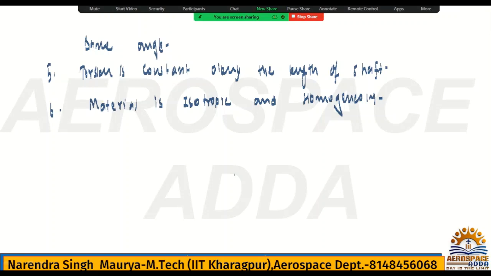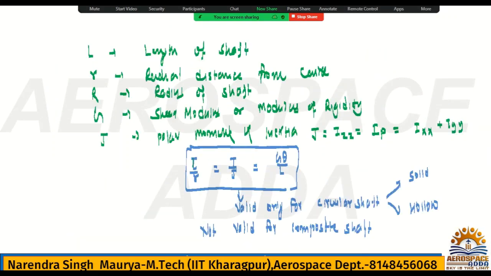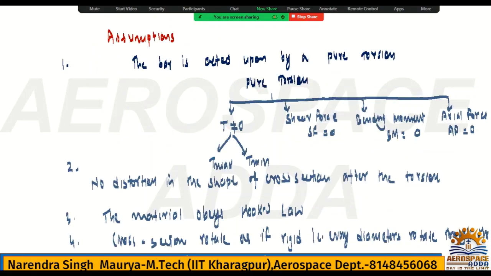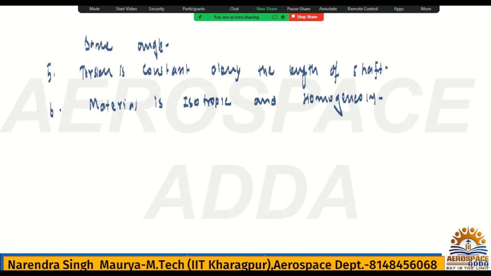That's the reason it is clearly mentioned it is not valid for a composite shaft, because in a composite shaft different materials will come. So it will not be homogeneous anymore. If it is not homogeneous, then this will not be valid. I think it is clear now. So these are the assumptions.